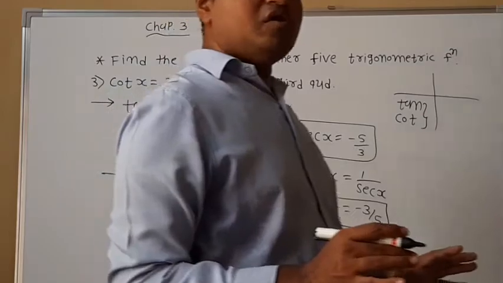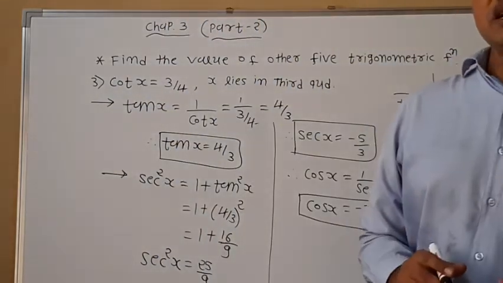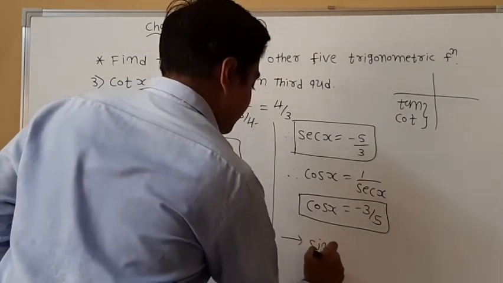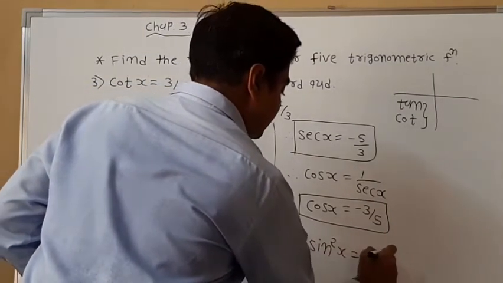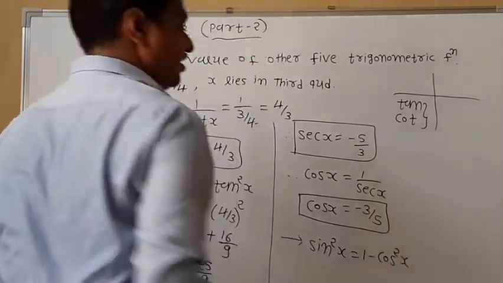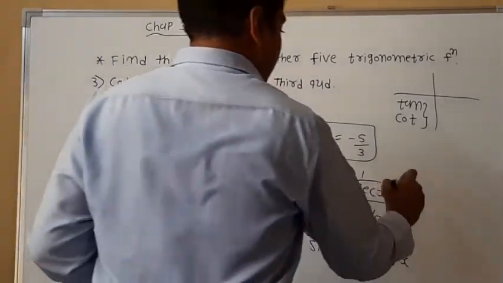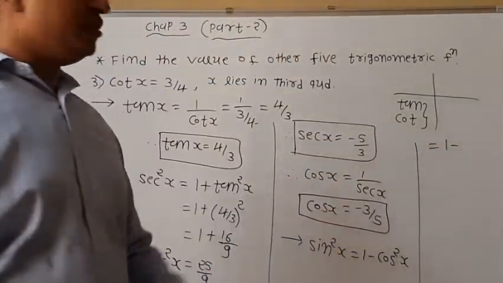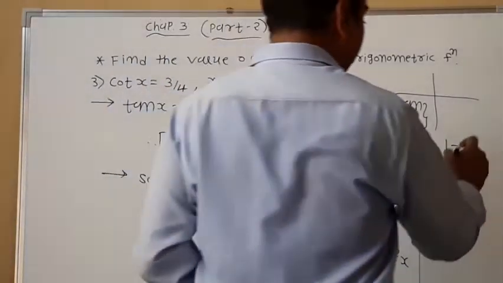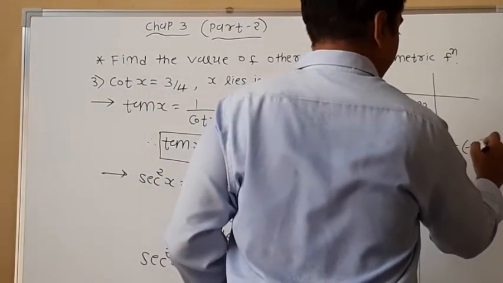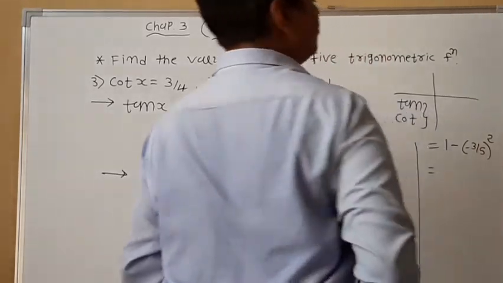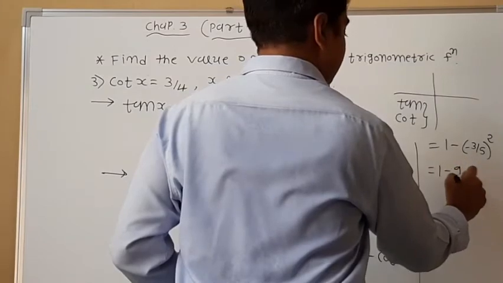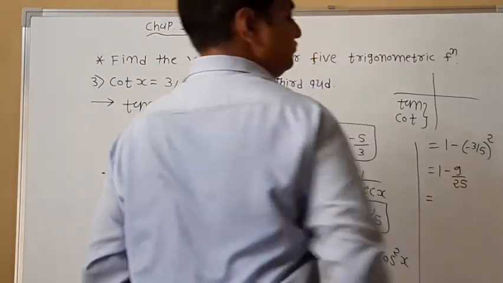Now two values remain, so find sin x. Again, we know that sin square x is equal to 1 minus cos square x. Putting cos x as minus 3 by 5, we get 1 minus (minus 3 by 5) whole square, which is 1 minus 9 by 25.